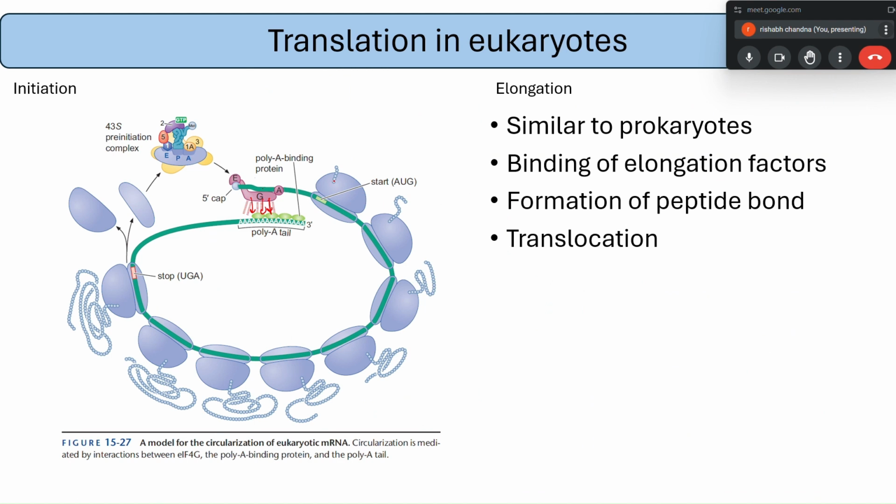Now this 43S initiation complex binds to the mRNA, and then comes the large subunit. Okay, and all the translation occurs in a circular way, so that the degradation is minimal in eukaryotes.